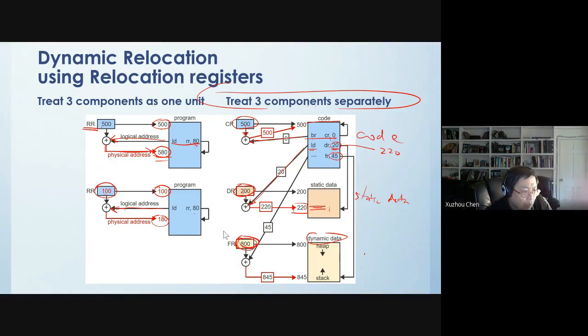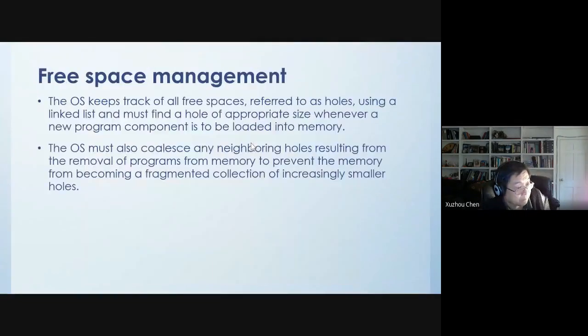So this is a little bit more complicated, but you use 3 relocation registers because it depends on which logical address space you're trying to access. If you try to access the logical space for the code, or for the static data, or the logical address for dynamic data, then you have to add the different relocation register. So that's basically the program relocation.